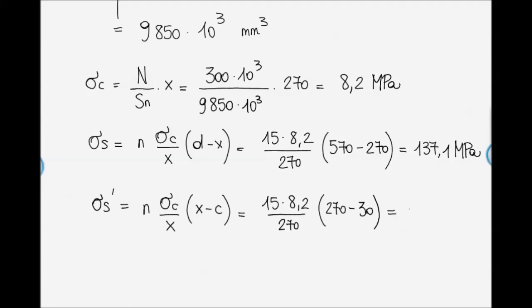We obtain 109.3 megapascal. And this is a way for obtaining the position of the neutral axis and the stresses on concrete and on the reinforcements in case of high load eccentricity.